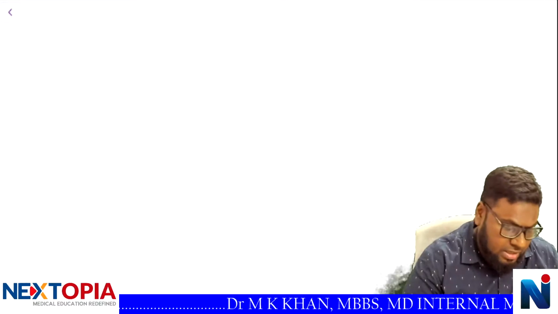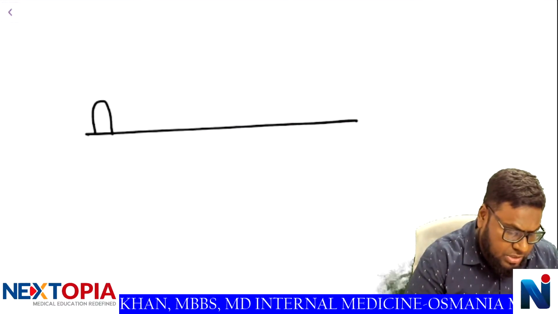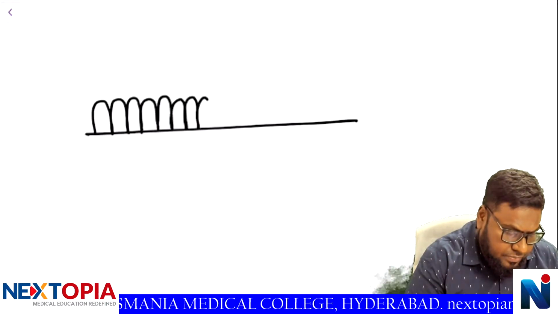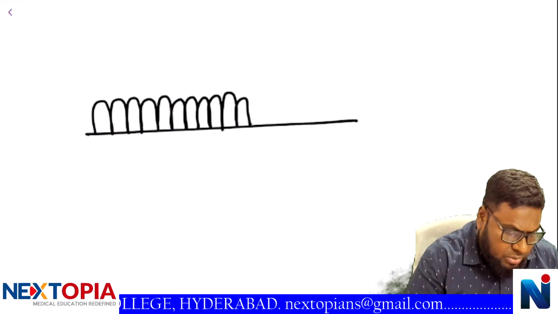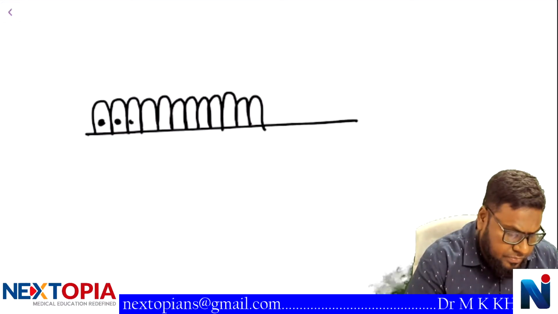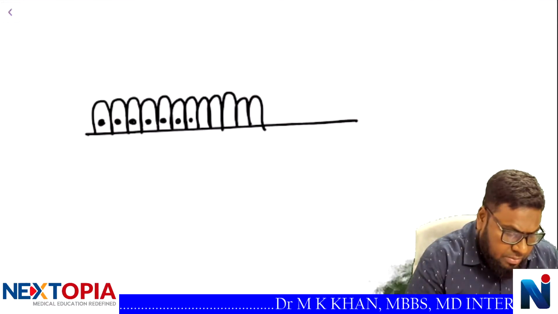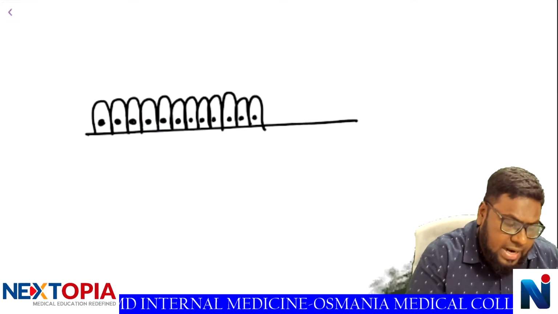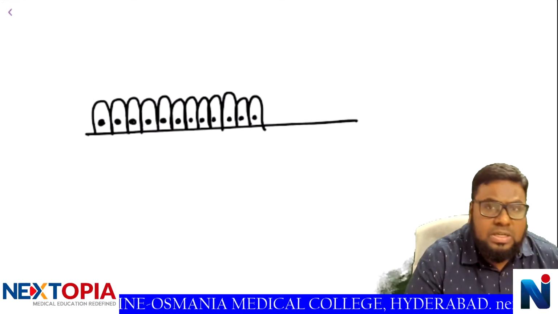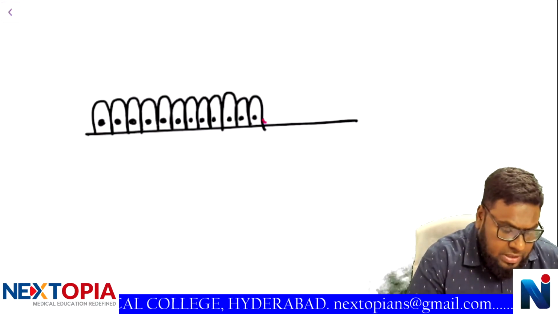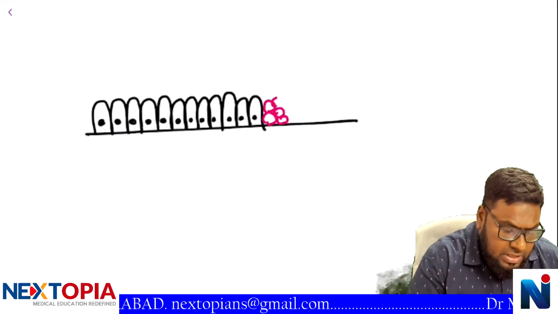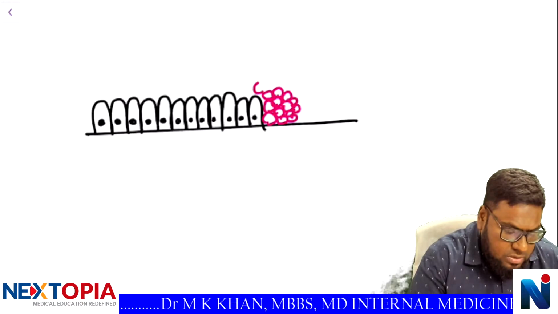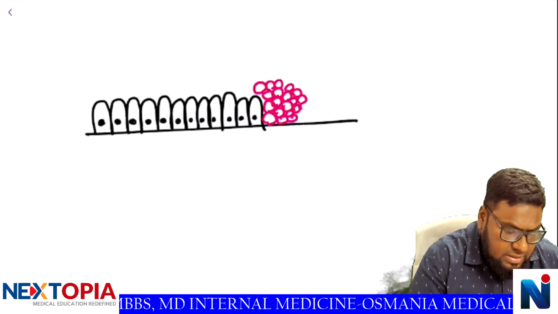So for example, if these are the cells of the primitive streak, tall columnar cells of the primitive streak, the median portion in between the ectoderm and the endoderm, which form the primitive streak. What happens at one end of this primitive streak? Say suppose the cranial end of the primitive streak, there is suddenly differentiation into multiple small cuboidal cells like this.